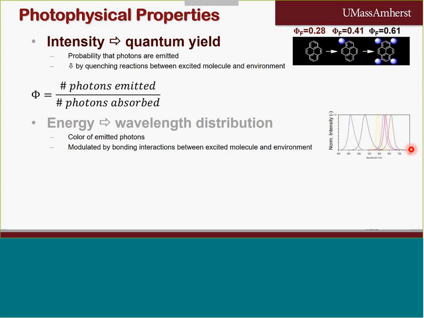As you can see in this figure, the environment might affect the location of the peak, and consequently, of course, the energy that the emission carries. This is particularly modulated by bonding interactions between the excited molecule and the environment.